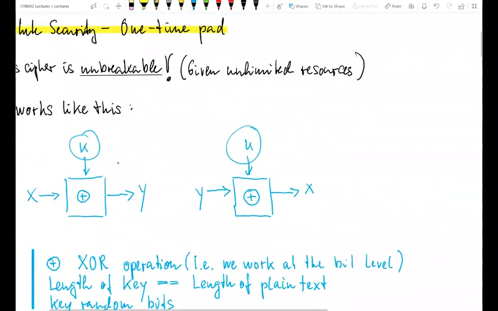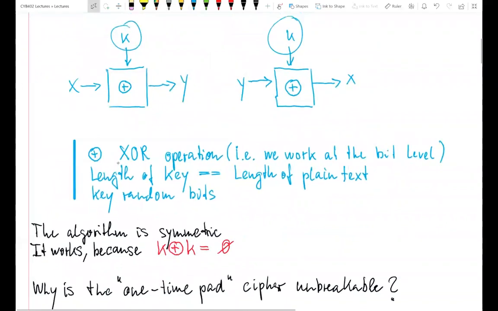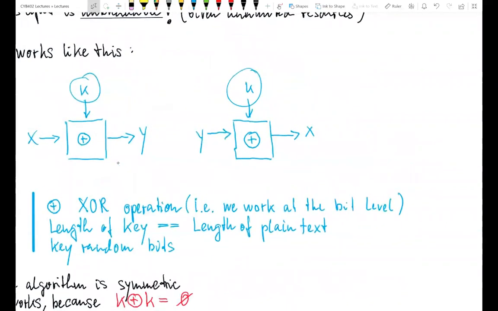Very roughly, if you XOR two values, so 0, 1, 0, 1, 0, 0, 1, 1.